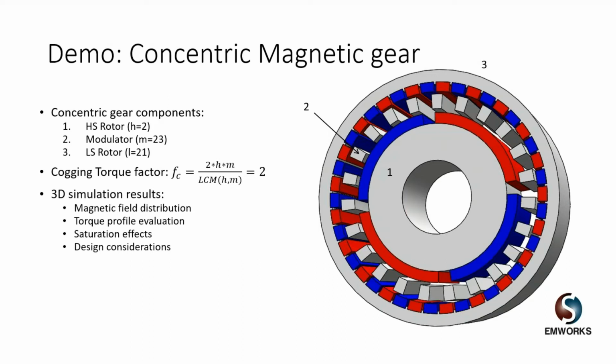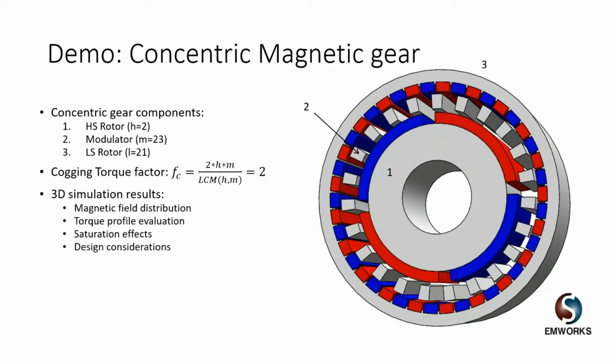What the cogging torque factor formula says is that if your factor, depending on the number of poles and modulator pieces, is close to 1, your torque profile would be more or less smooth. In our case, we're aiming for a factor of 2, so we're probably going to get a lot of oscillations in our torque for different angles of misalignment between the internal and external rotor.